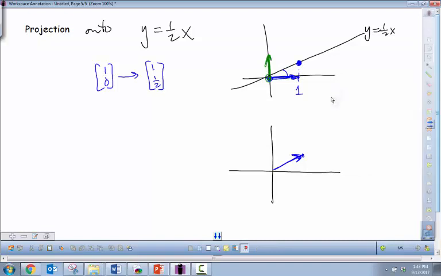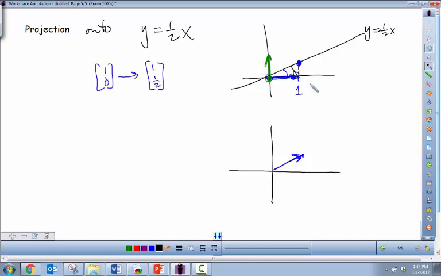So the point 1, 0 has to get projected onto this line, and the projection is like a, unless it's this projection. Yeah, I think that might be right. You have to add them and end up at 1/2, right? Now that's going to make it a little bit more difficult.